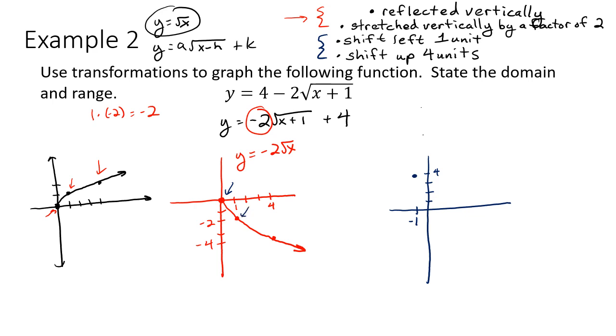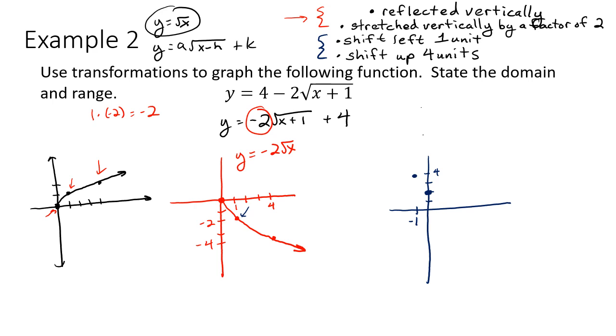My second ordered pair here is currently at an x of 1. So if I move it 1 to the left, it would be at an x of 0. And it's currently at a y of -2. So if I move it 4 up, -2 plus 4 would put us at a y of +2.